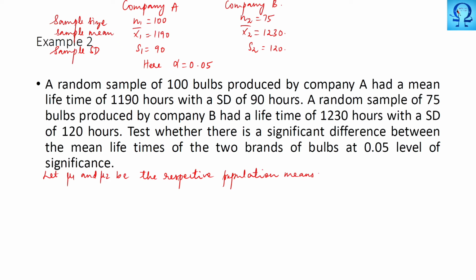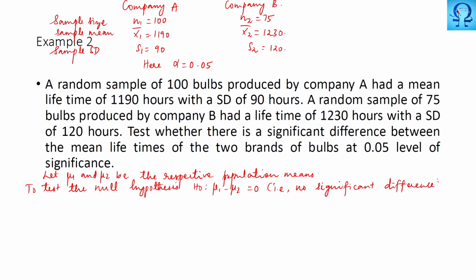Now we need to test the null hypothesis, H naught, which is mu1 minus mu2 is 0, because no significant difference. This is what is specified in the problem, isn't it?